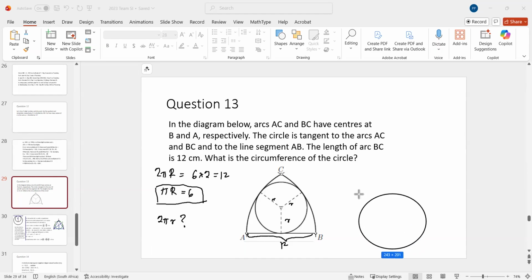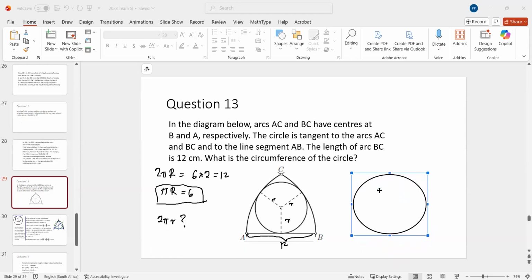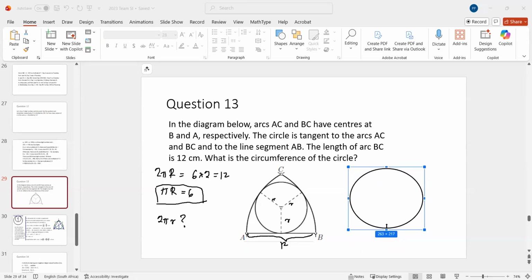If I have a large circle, and then I have another little circle which is tangent to it, let's draw another little circle here.